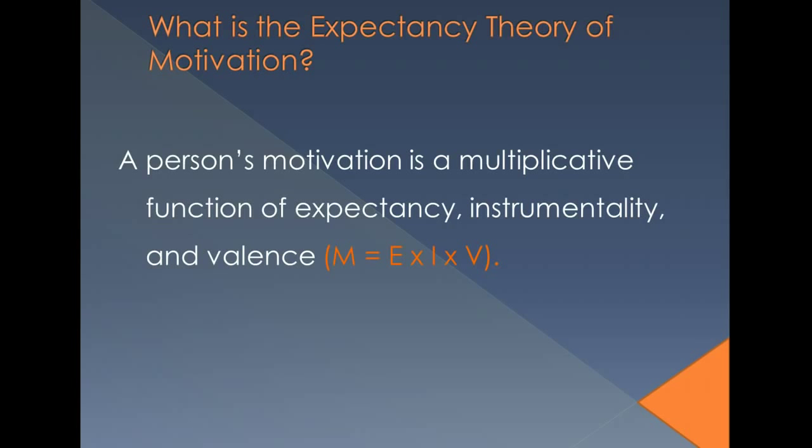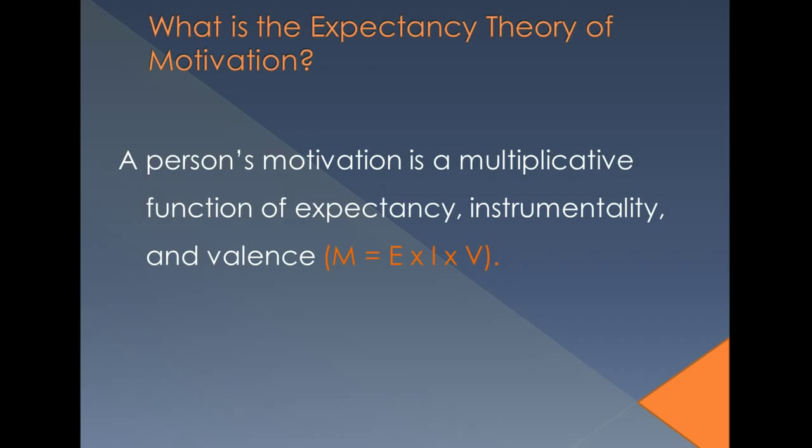Instrumentality is the probability assigned by the individual that a given level of achieved task performance will lead to various work outcomes. So again, this is a 0 to 1 scale.